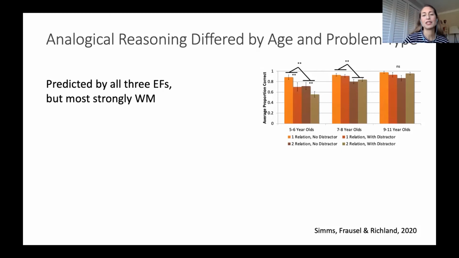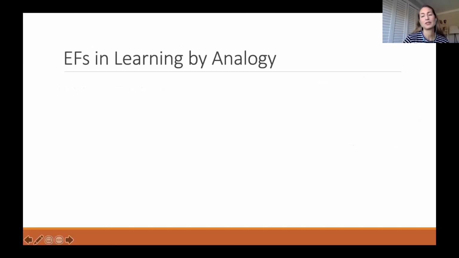This is the real challenge with executive function work. But we do see here some evidence that individual differences in these skills are predicting performance, which gives us more leverage to think through what these constraints are on doing learning later by analogy.